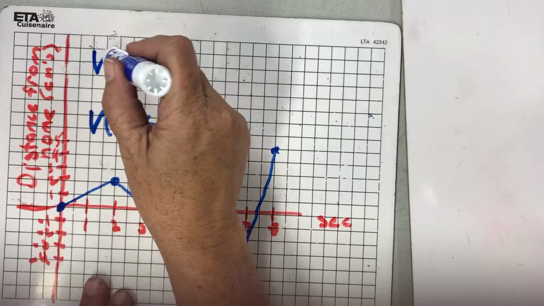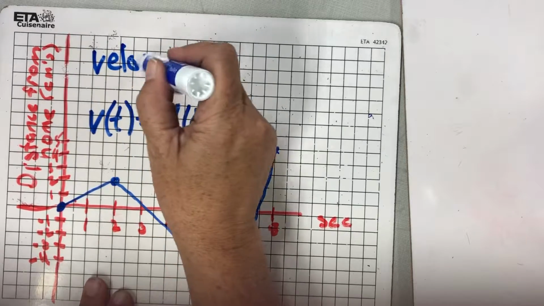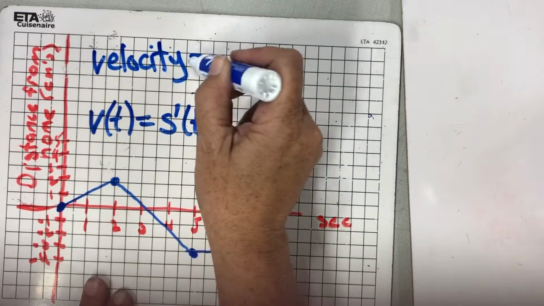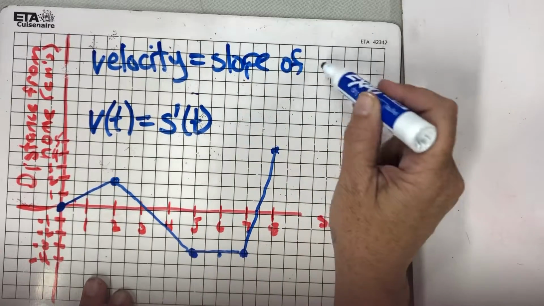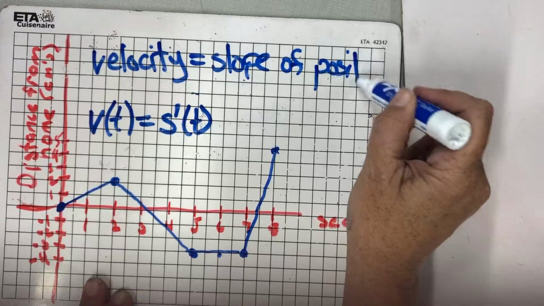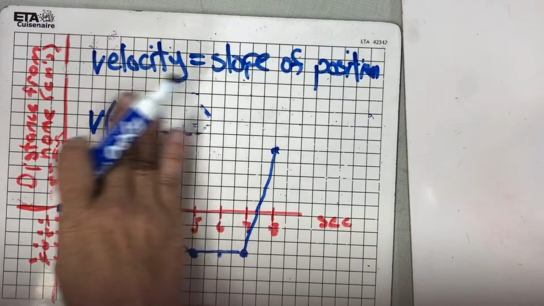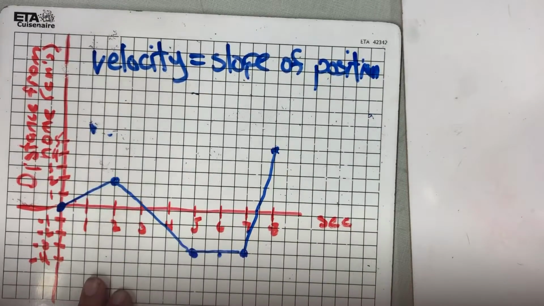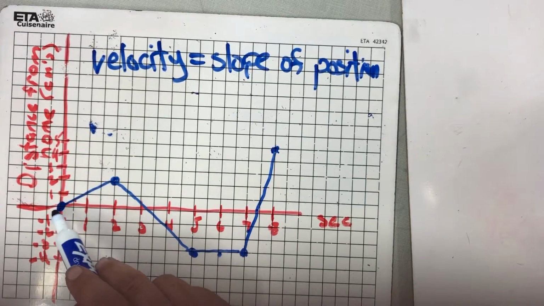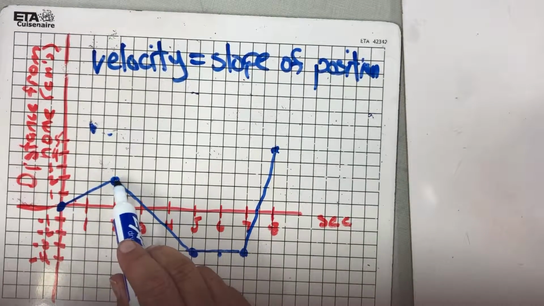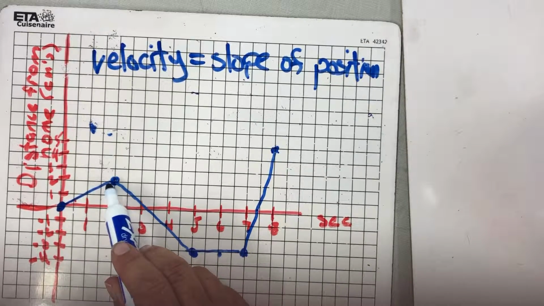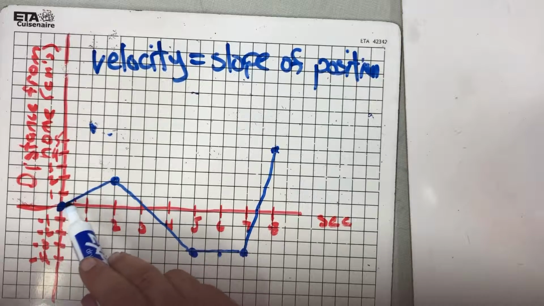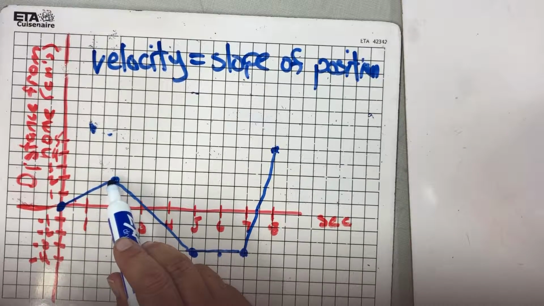In other words, velocity equals the slope of position. So if I look from 1 to 2, we have a positive velocity because the slope is positive.